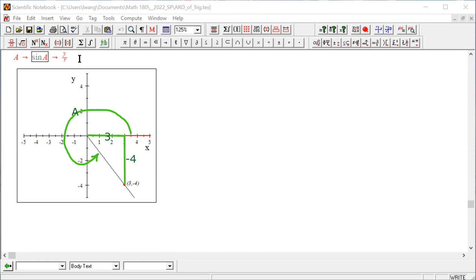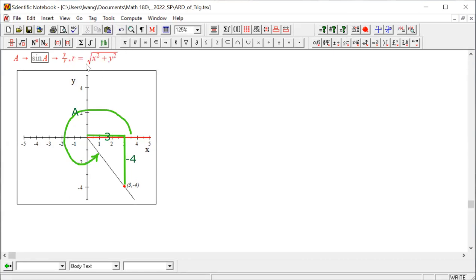Now I can find my r. R equals the square root of x squared plus y squared. Our x is 3. Our y is -4. We actually don't need the parentheses for 3.